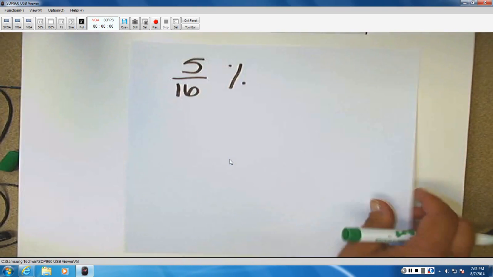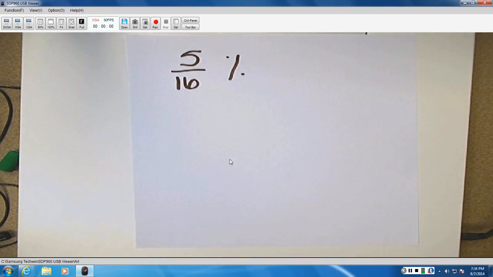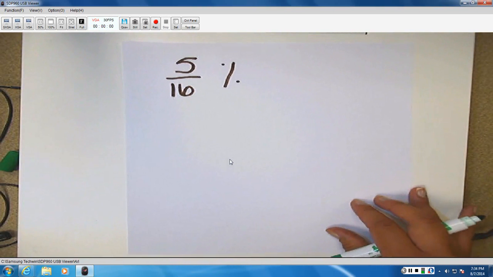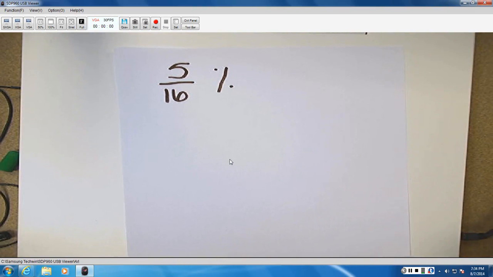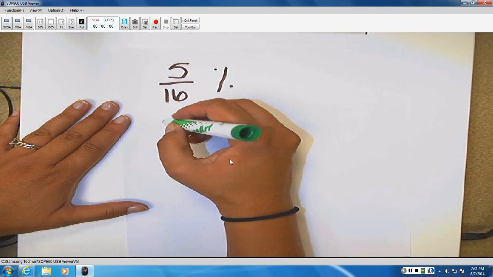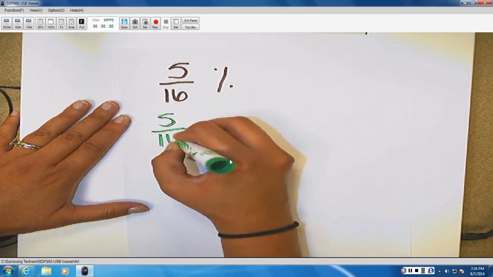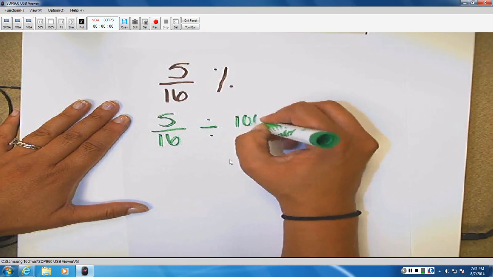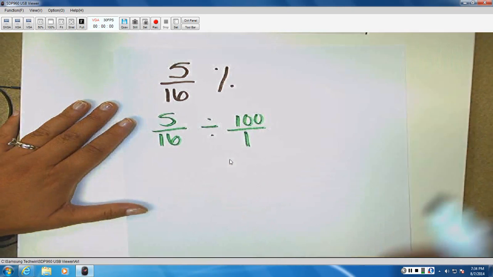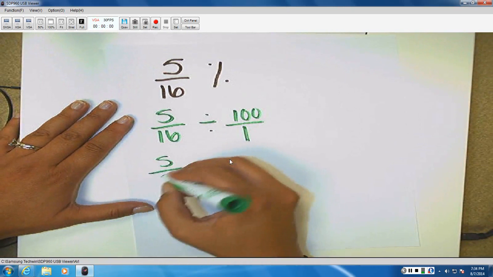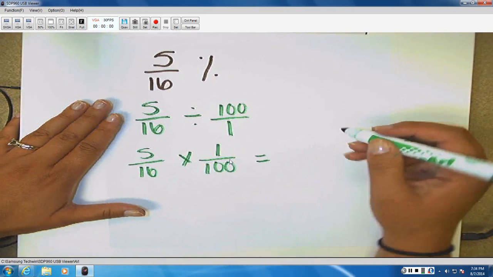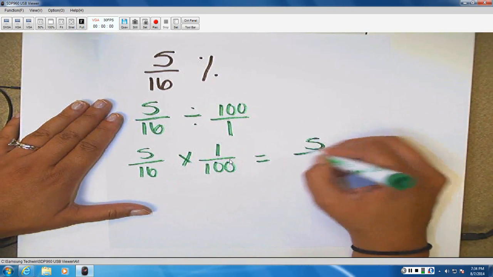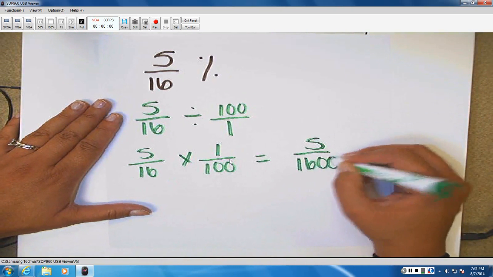We'll do another one. The next one we'll do is 5/16%, and we'll turn it into a decimal. In order to do that, just set it up. 5/16 divided by 100. Going to end up flipping that and doing 5/16 times 1/100th, and I end up with 5/1600ths.